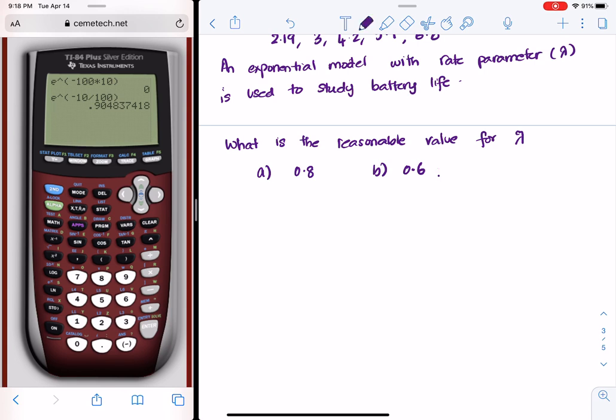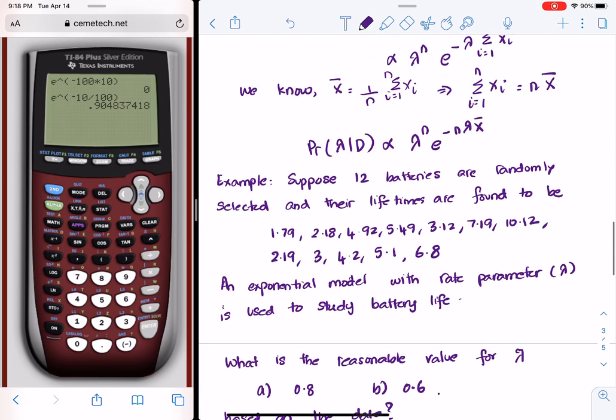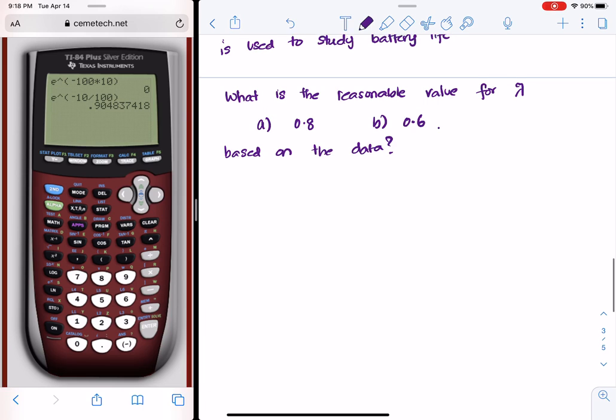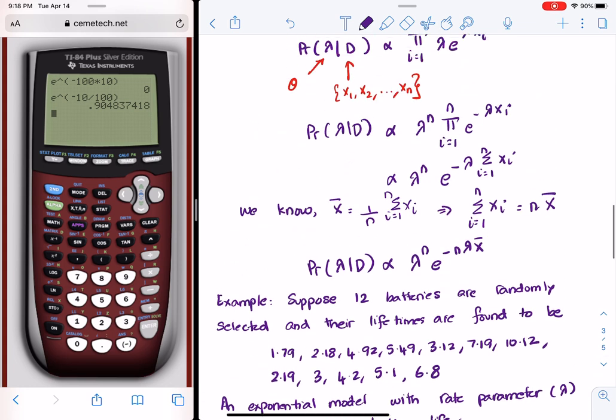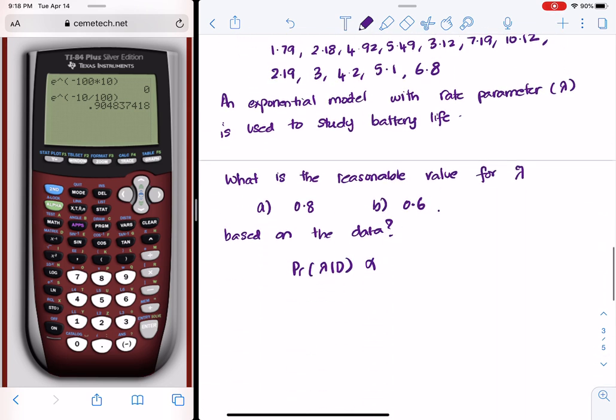Is it 0.8 or is it 0.6 based on the data, which is more likely? And this is where the likelihood function comes into play. So let's see. So we know the likelihood function is lambda raised n e raised negative n lambda x bar.